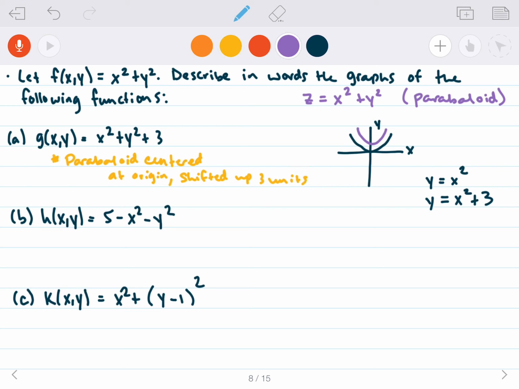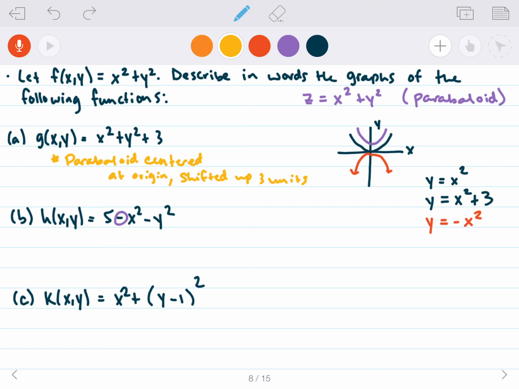Now what about the next one? Okay, well, this time we have negatives on our inputs. What happened if we had something like this, y equals negative x squared? What would happen there? Well, remember, it would flip the direction of the parabola, so that would be opening downward instead of upward like this. So that's the idea here, is that our bowl shape, our paraboloid, is going to be facing downward. And this 5 is still acting like a vertical shift.